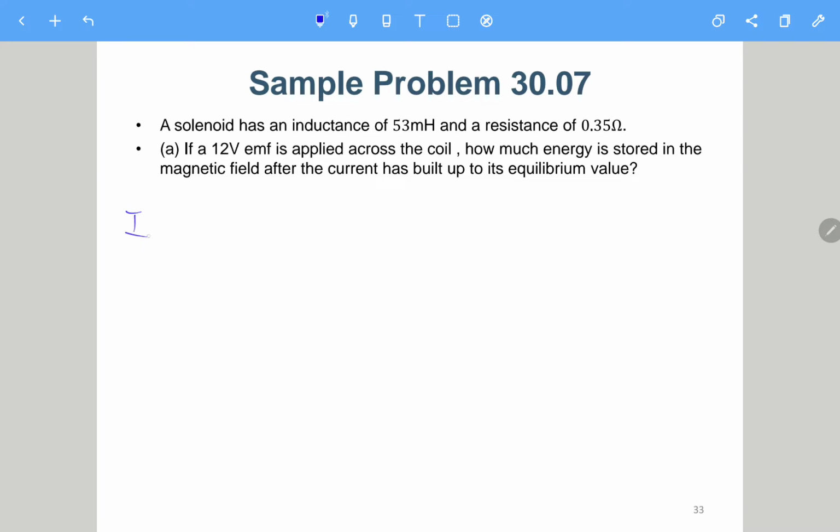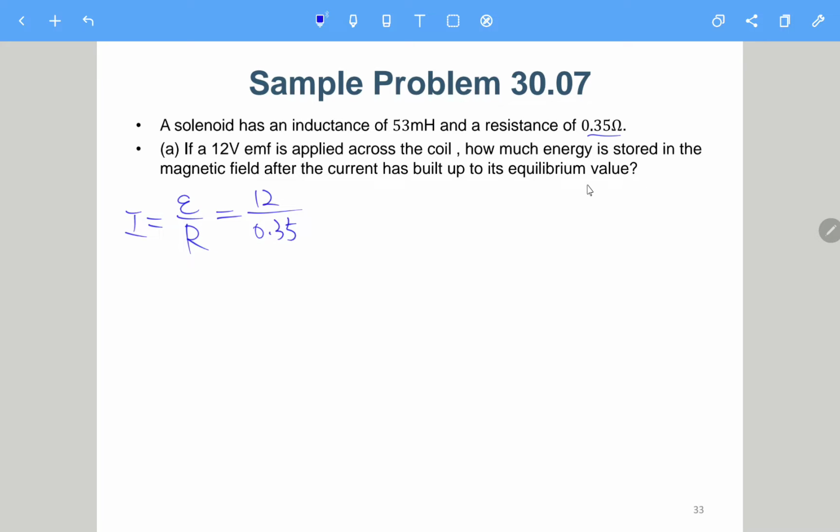Nothing special here. I equals E over R according to Ohm's law, because it provides a DC source or EMF. So it is 12 over the resistance 0.35. We can just ignore the inductance, because what it really asks is the equilibrium value.